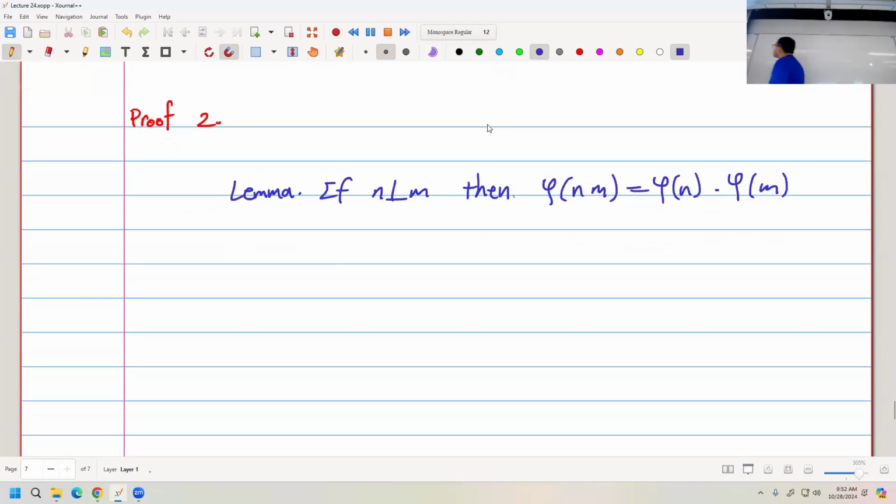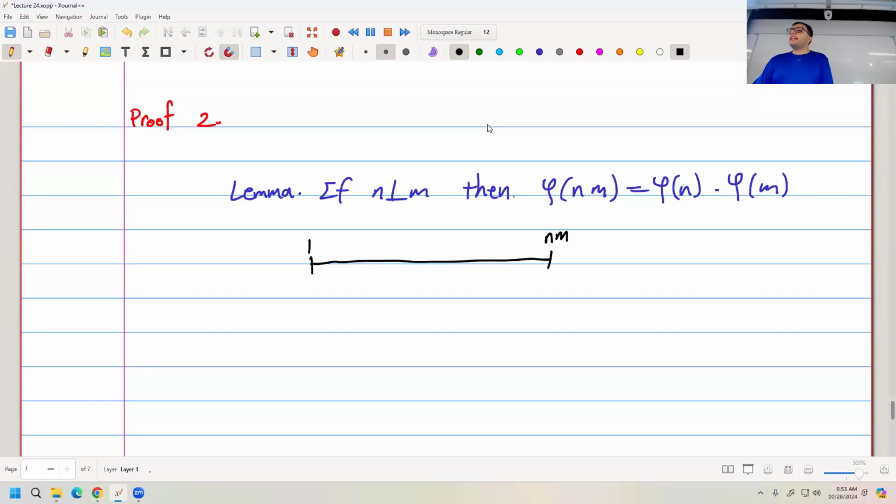Why is this the case? Do you have an intuition for this? Yeah, so this is again the Chinese remainder theorem, right? I'm looking at all the numbers from 1 to nm.